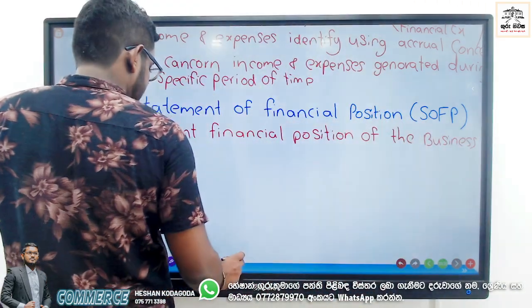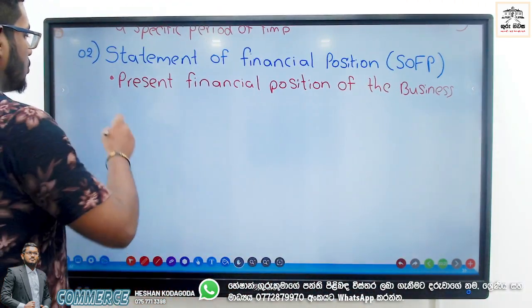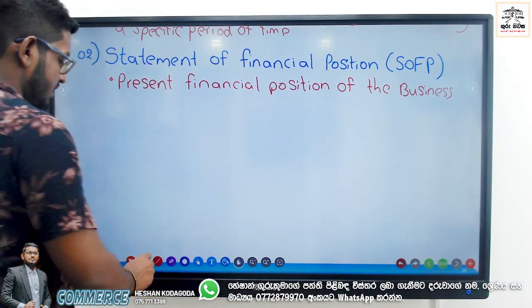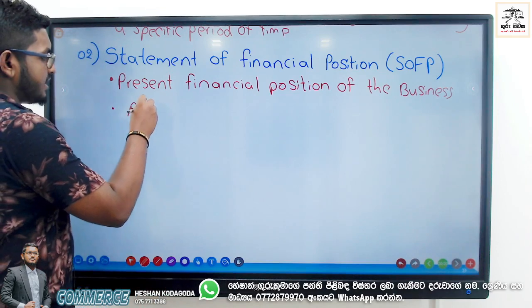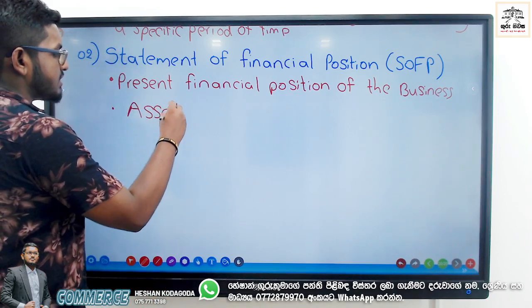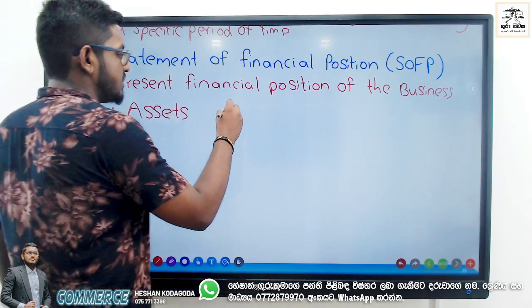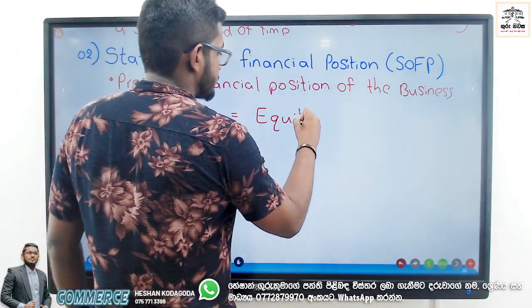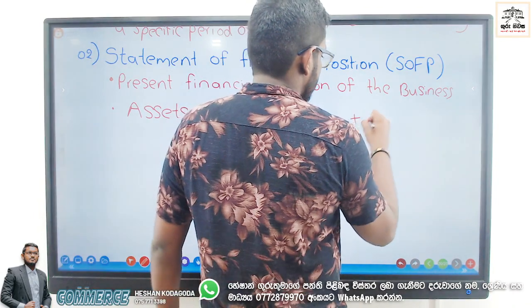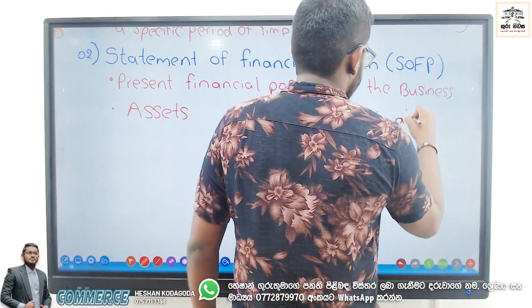Financial position means, you know, our basic accounting equation, right? Which means all the total assets should equal to total equity plus liability.